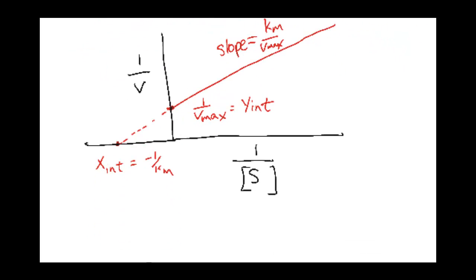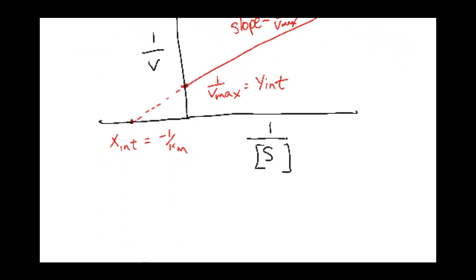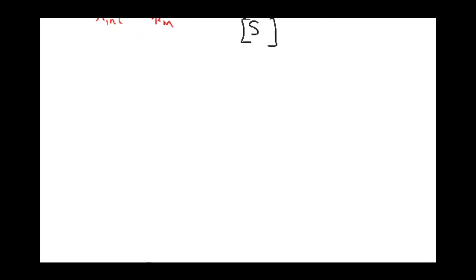Now, there's also the Hanes-Woolf plot, and the benefit of the Hanes-Woolf plot is that it doesn't overemphasize the data that you get at the low concentrations. Sometimes the Lineweaver-Burke plot is faulty in that sense.